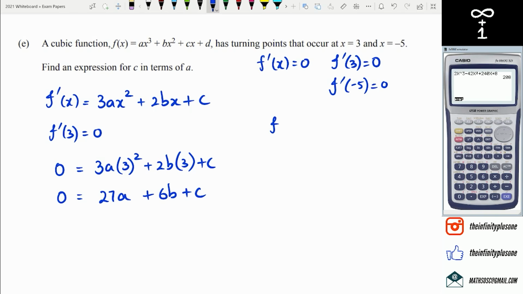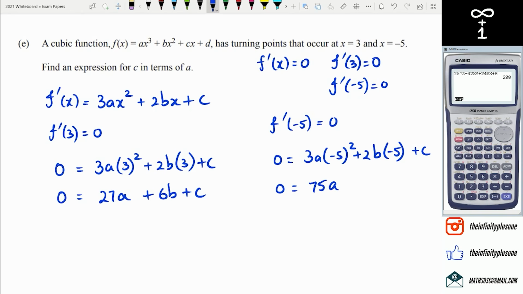Then my second equation is f dash of negative 5 is equal to 0. So 0 is equal to 3a negative 5 squared plus 2b times negative 5 plus c. So in this case, 0 is equal to negative 5 squared is 25, 25 times 3 is 75a, 2 times negative 5 is negative 10b plus c.